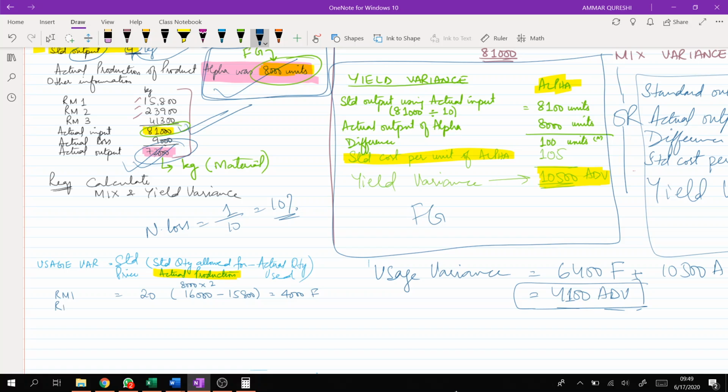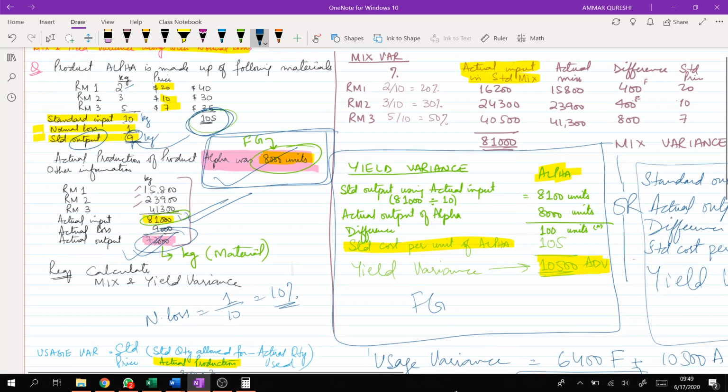What about raw material 2? Same figure. 8,000 multiplied by 3. 8 threes are 24,000 minus 23,900 multiplied by 10. I think it was 10. Yes.